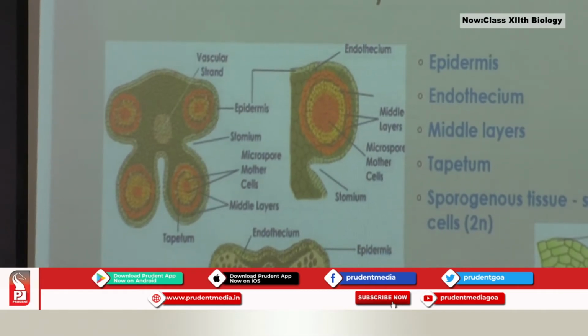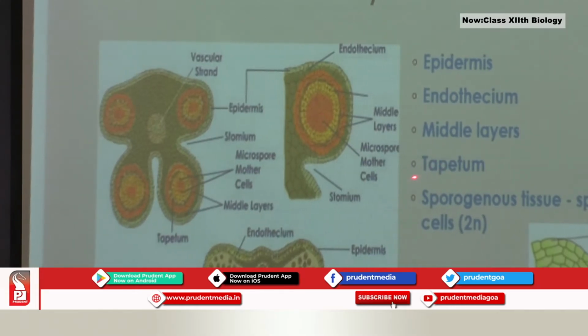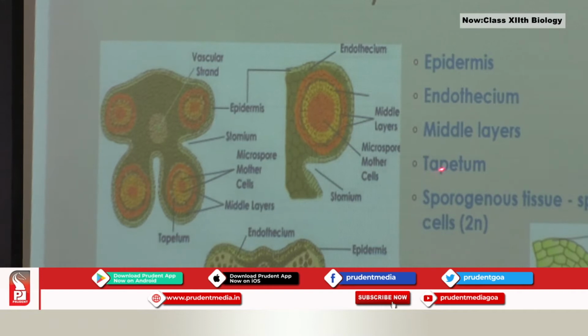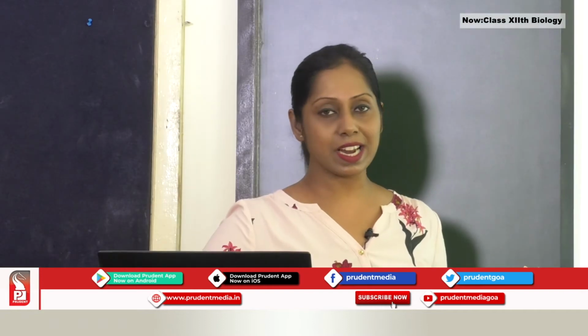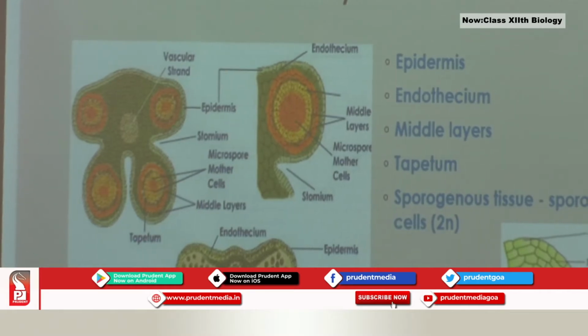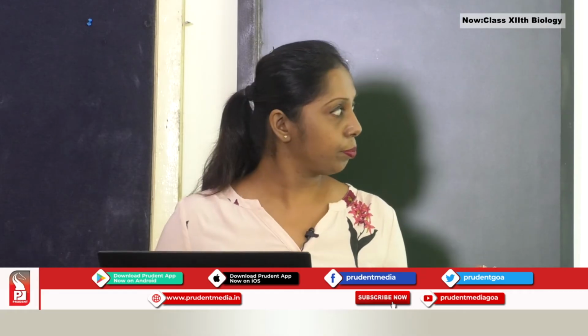So the layer which is in immediate contact with the sporogenous tissue is the tapetal layer or the tapetum. And why is it so? It's because this is the tissue which is ultimately going to be nourishing the pollen grains that are getting formed in the sporogenous tissue. So I hope the anther wall layers are clear to you.